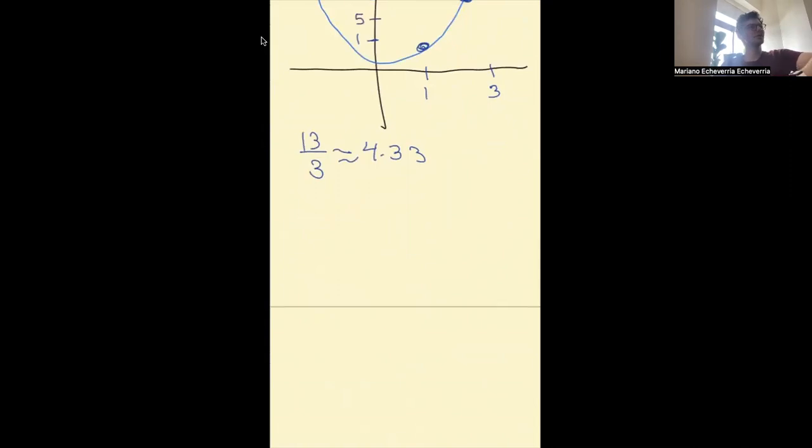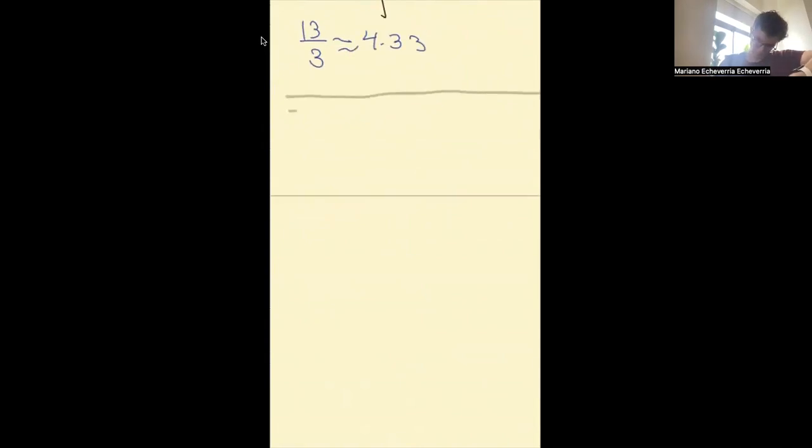In fact, let me do another one, which is fun to do. So here's another example. Find the average value of a constant line.